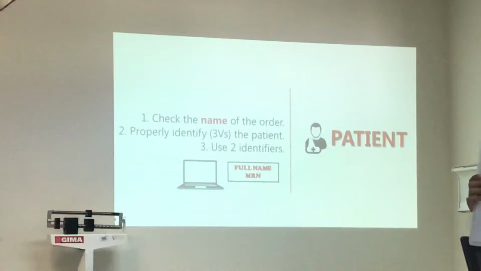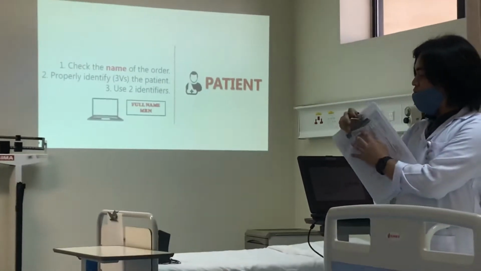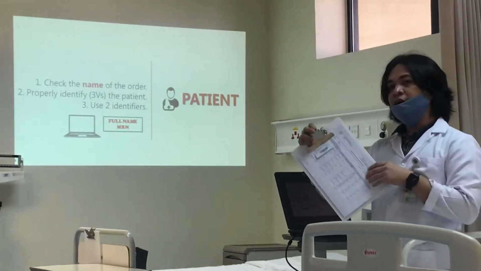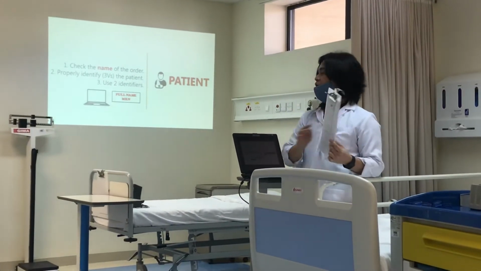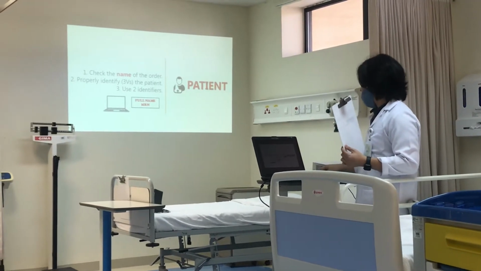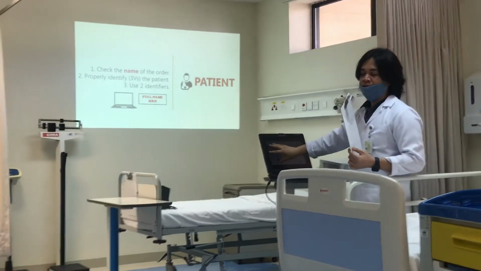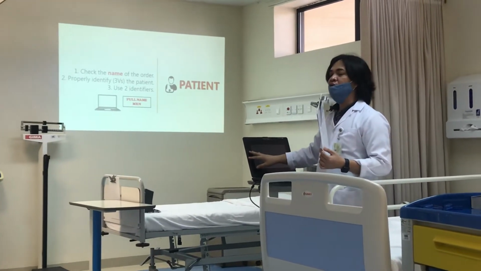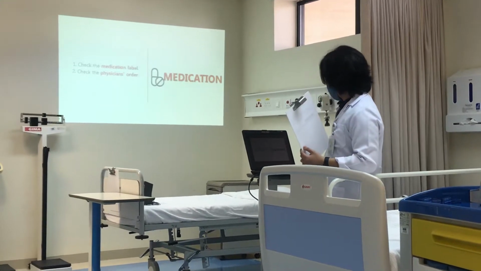That's why when they go to the bedside, they're bringing this chart with the name of the patient. Okay? And then they identify the patient using this sticker label. This is how they can observe the right patient. And of course, we have to check also the system. The MAR, it has labels of the patient.